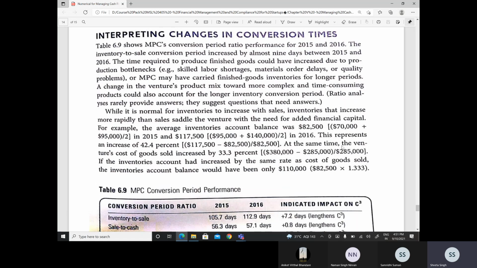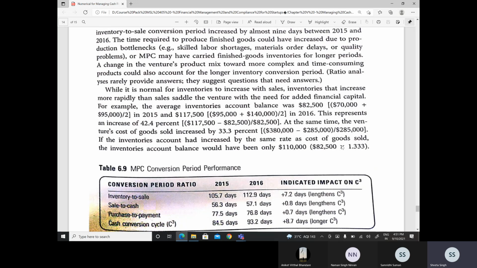Now, interpreting the changes in conversion times. So table 6.9 shows MPC's conversion period ratio performance for 2015 and 16. The inventory to sale conversion period increased by almost 9 days between 2015 and 16. The time required to produce finished goods could have increased due to production bottlenecks. So you have to see why have the operations become more inefficient or sluggish.